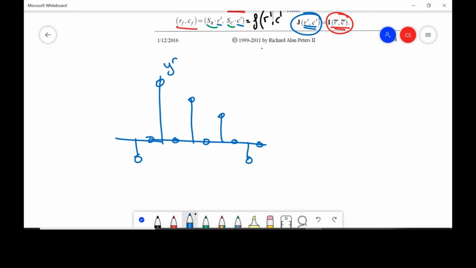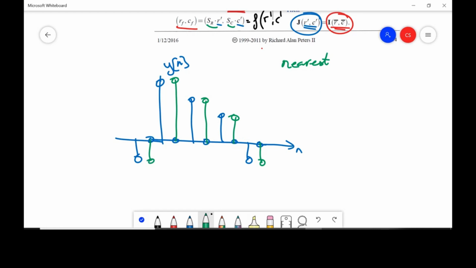So this is y of n, this is n. And what is nearest neighbor interpolation? Nearest neighbor interpolation is simply replicating, for the 0, the 1 on the left because of this rounding.